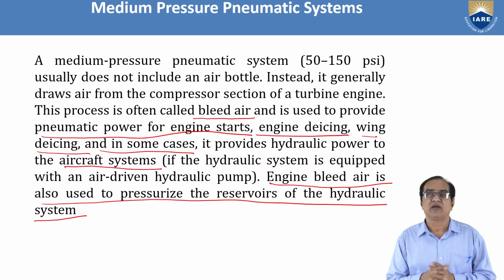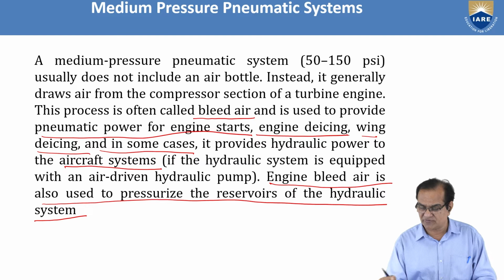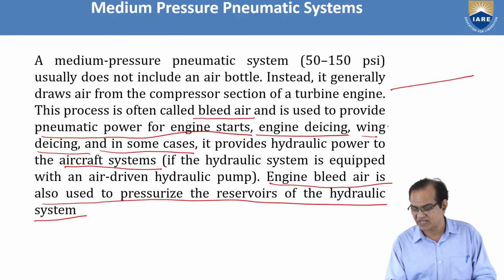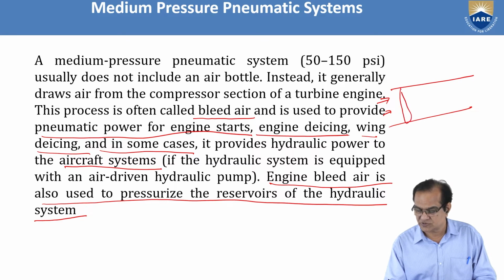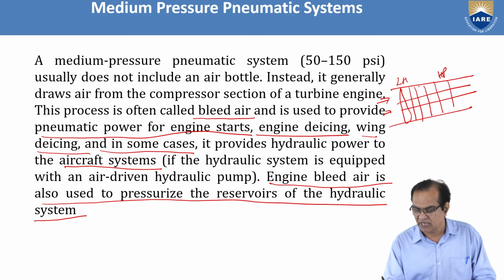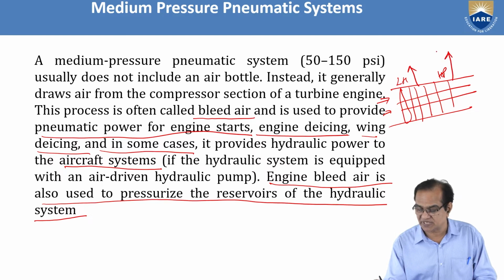Just drawing here, air is entering, this is the engine, and we have so many compressor stages here. So this is the LP and HP. As per the pressure requirement, we may take from the LP or we may take from the HP. This is called bleed air.